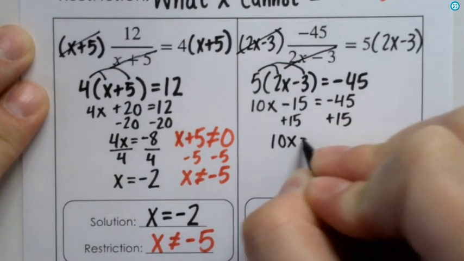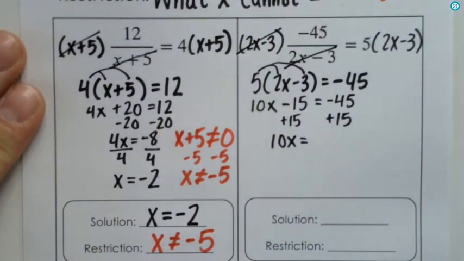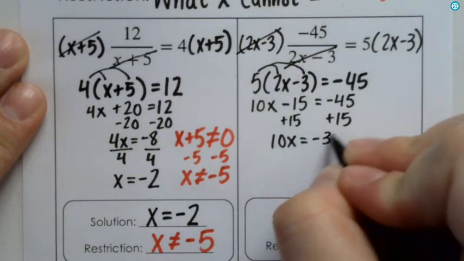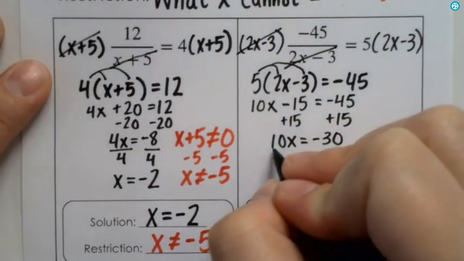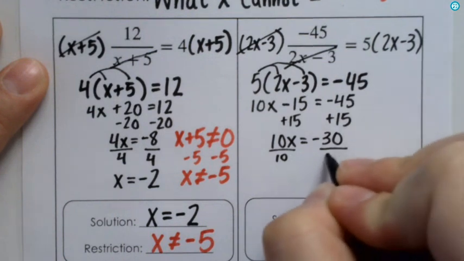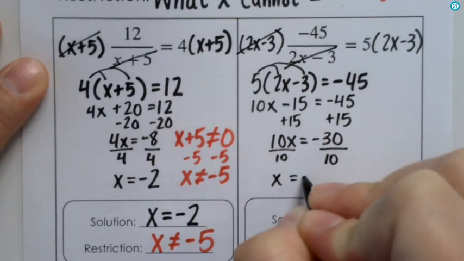So I still have 10x on the left. Negative 45 plus 15 is negative 30. And I'll divide both sides by 10. I'll get x equals negative 3.